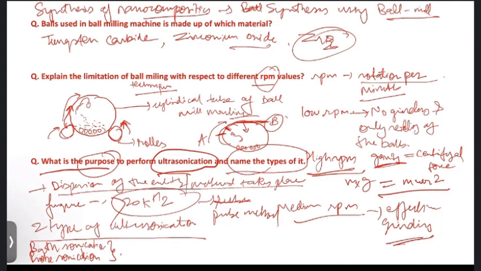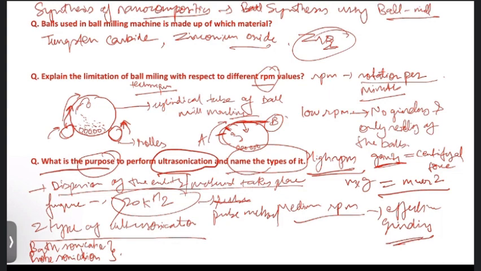So that is the purpose of ultrasonication. It is able to uniformly distribute your sample into the solvent, when sound waves fall over that sample. The distribution is uniform.